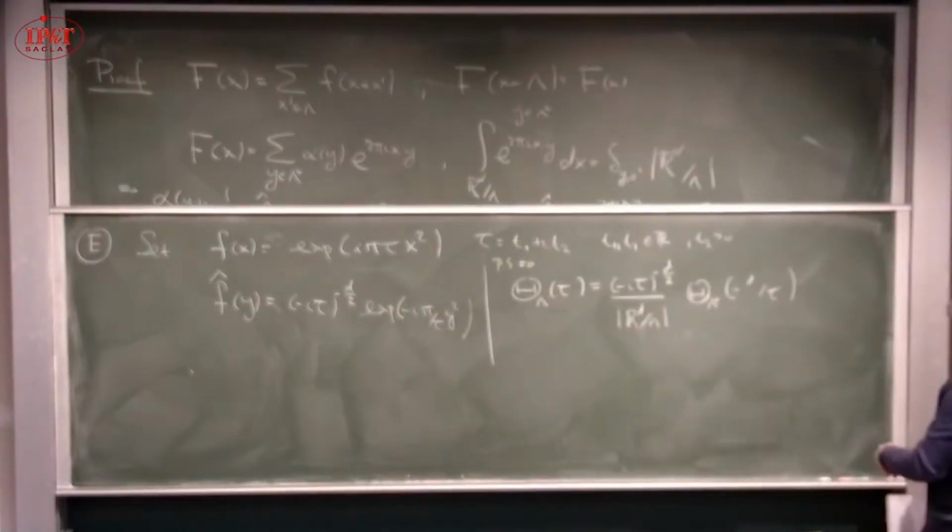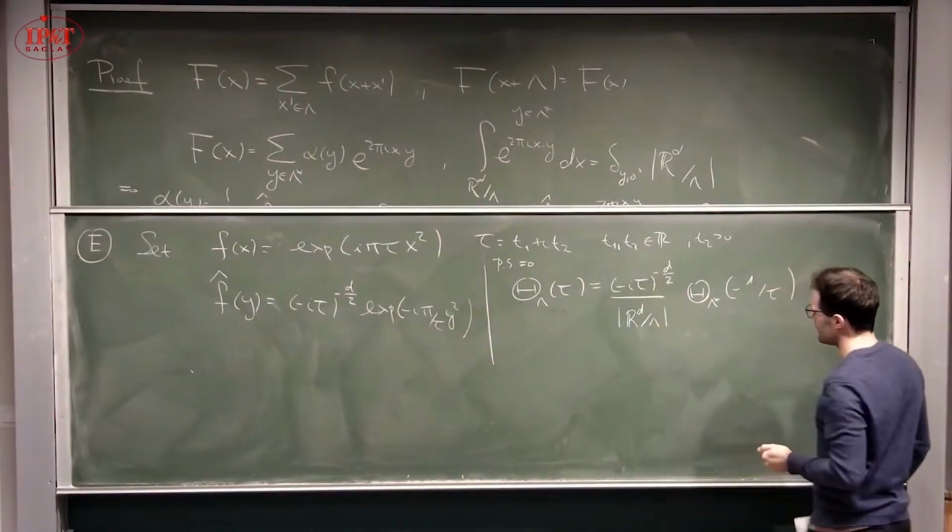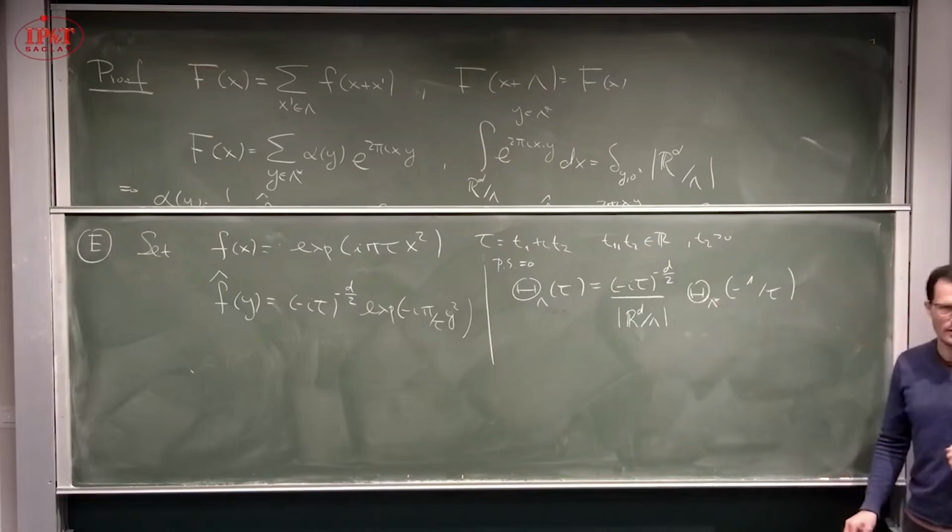Kind of, modular forms really only exist when this power is a multiple of 4. So that's why d should be a multiple of 8 for even self-dual lattices.